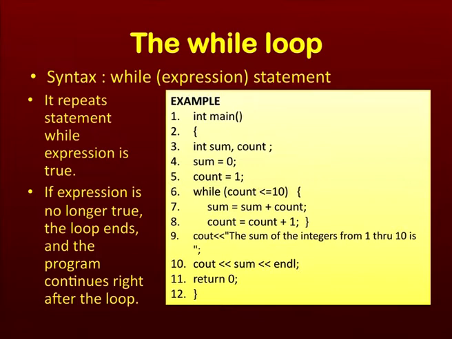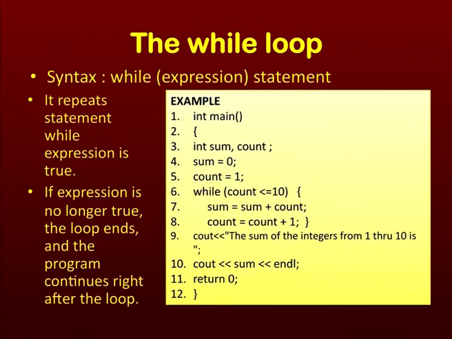We can have the combination of statements all together with the help of braces to make a block of statements. It repeats the statements when the expression is true. If the expression is not true or it becomes false in the middle of the processing, next time the loop is not going to execute. If it is false at the very first time, the loop is not going to execute at all.